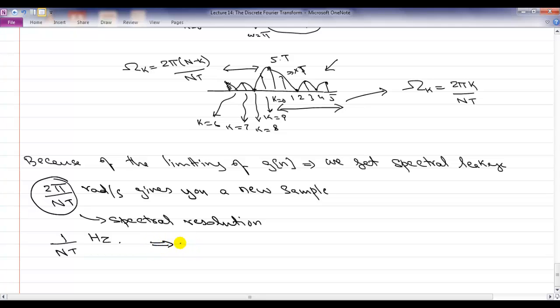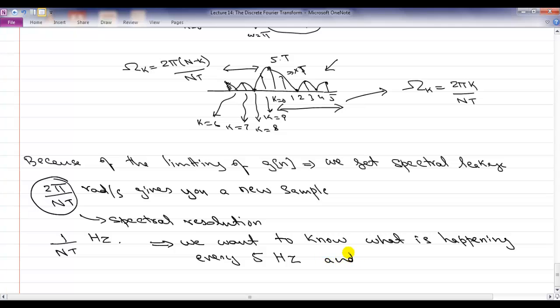Okay, so we want to know what is happening every 5 hertz, and the sampling is fixed at 1 over 8,000. So you are sampling at 8 kilohertz. So then what is the parameter that determines your spectral resolution? The parameter is N. Okay, how many points of DFT you need to take?